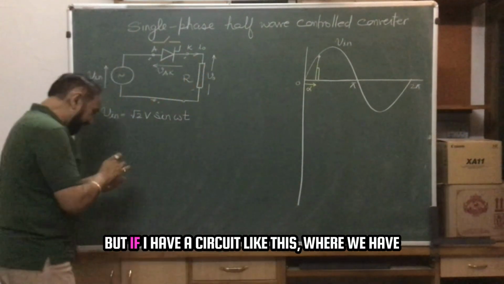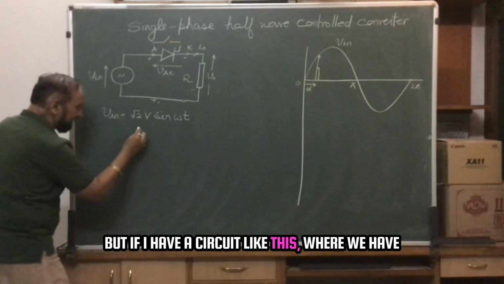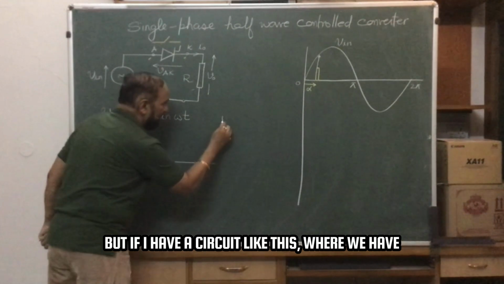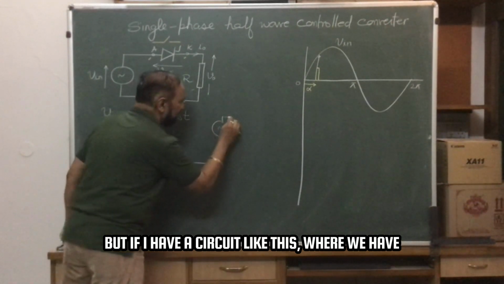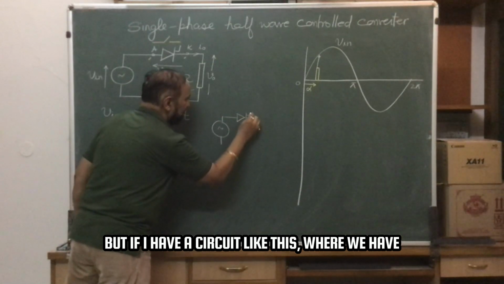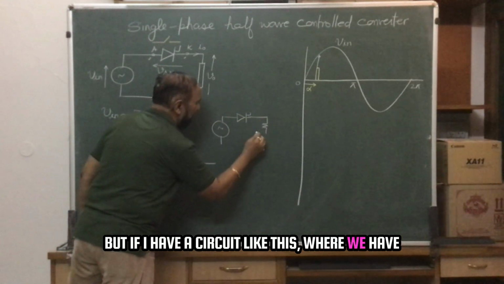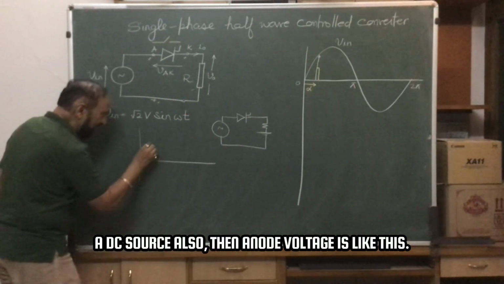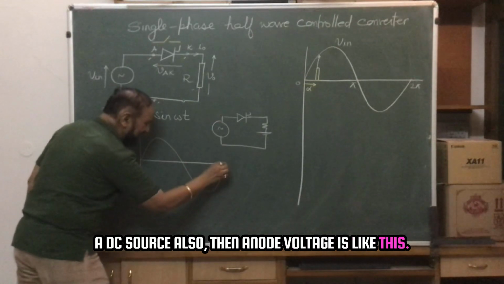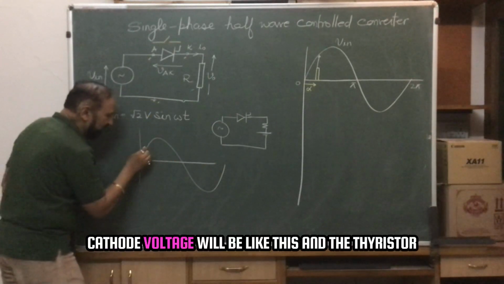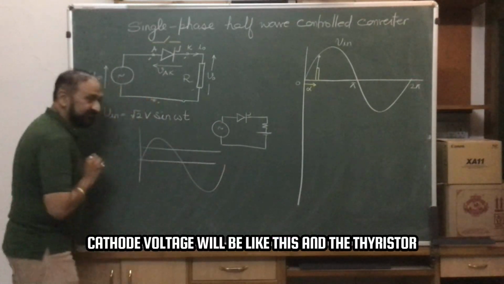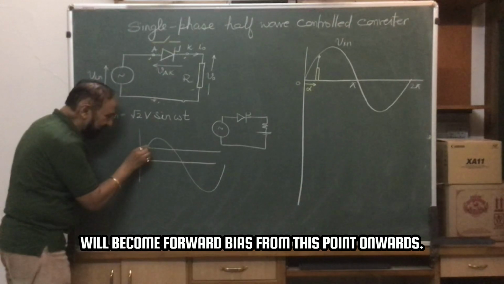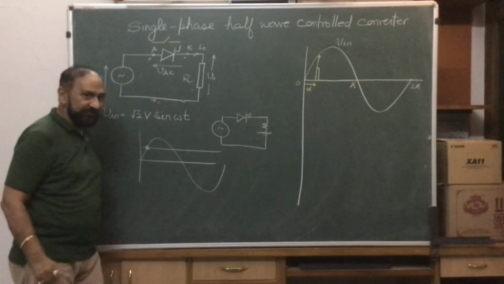But if I have a circuit like this, where we have a DC source also, then the anode voltage is like this, the cathode voltage will be like this, and the thyristor will become forward biased from this point onwards.